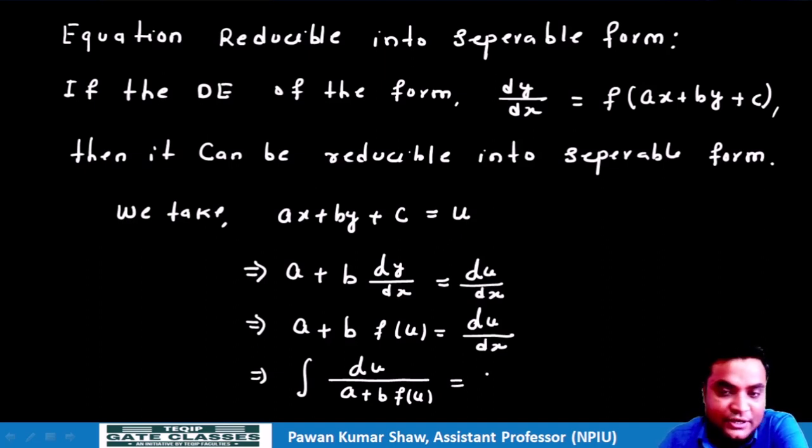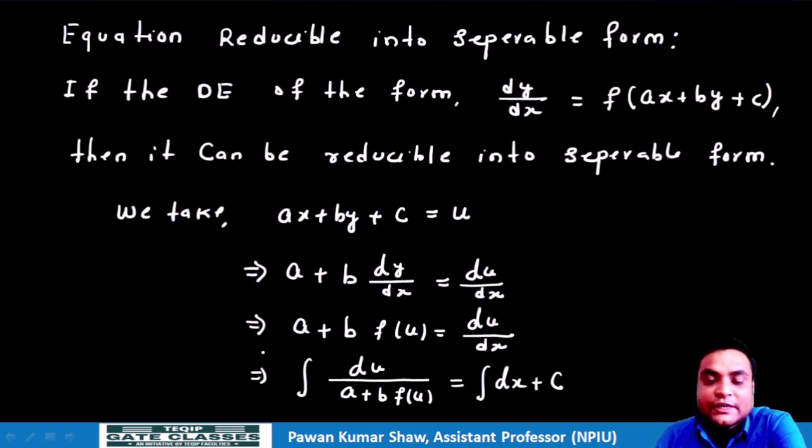So dx is a simple term, a single term only, so integral of dx plus c. So this will be the general solution when we do some substitution so that we can convert our problem into a separable form. So this is a special case of our separable form. If sometimes we can convert the problem into separable form, then we can do some substitution to do so.